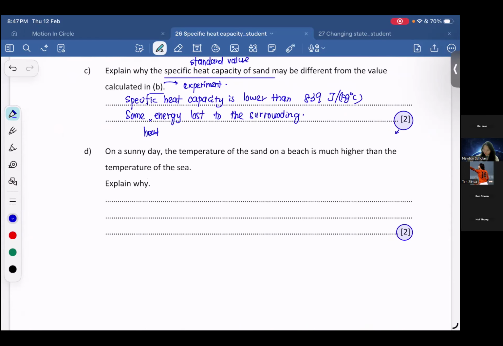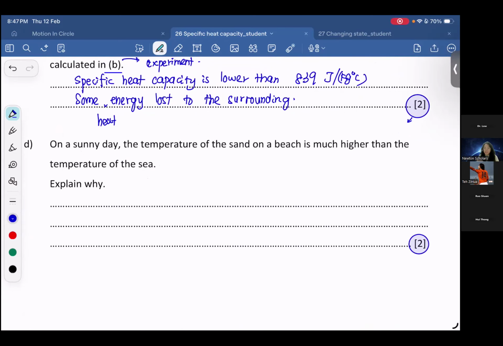Why is it much higher? Okay, first point, we have to say that they receive the same amount of energy. So, same rate of energy supply to sand and sea.